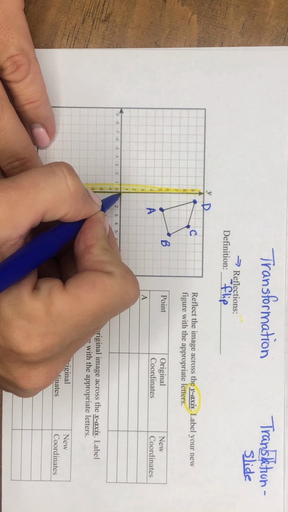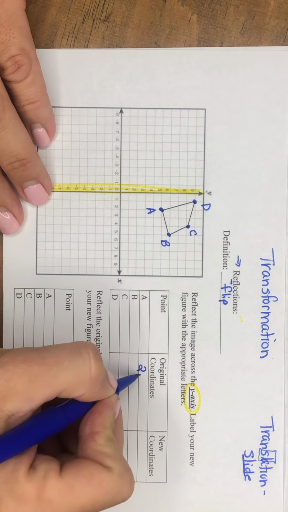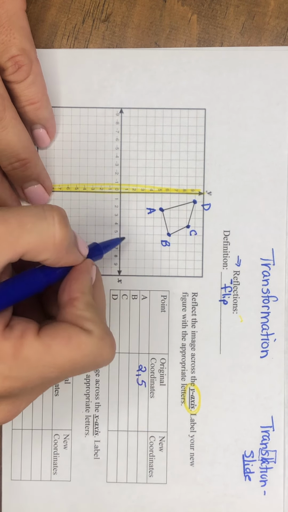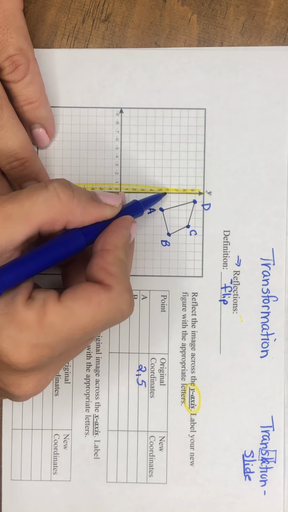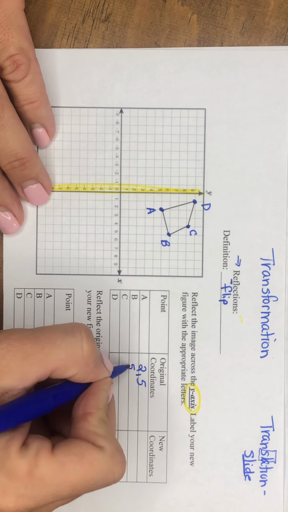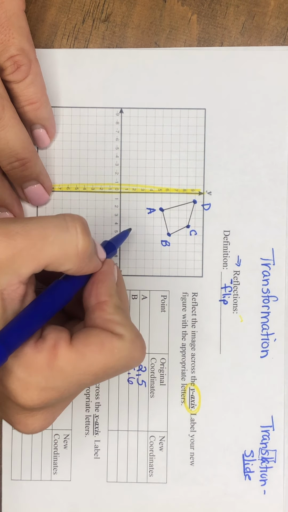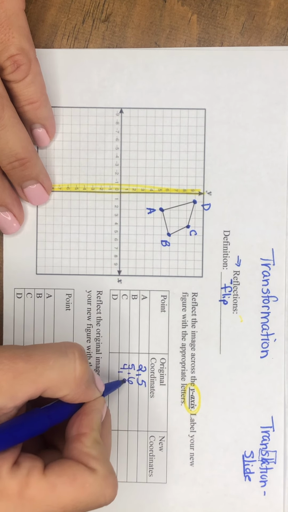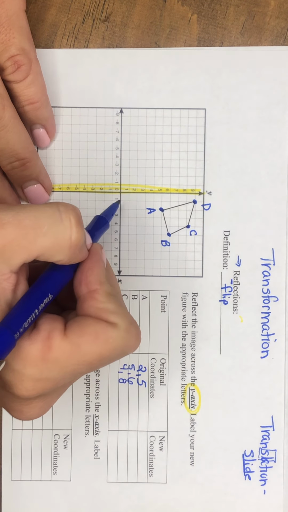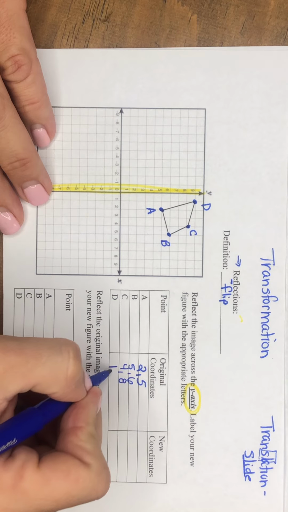So A is 2, 5. B is 5, 6. C is 4, 8. And D is 1, 9.